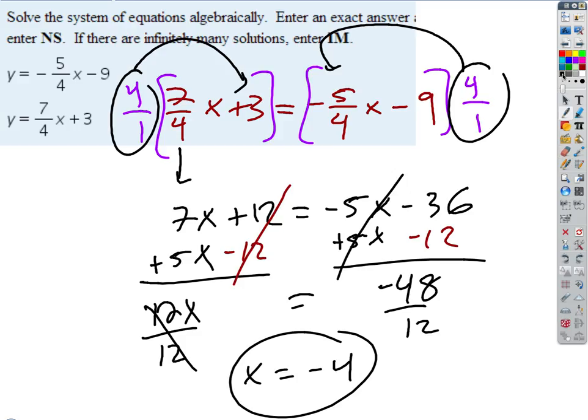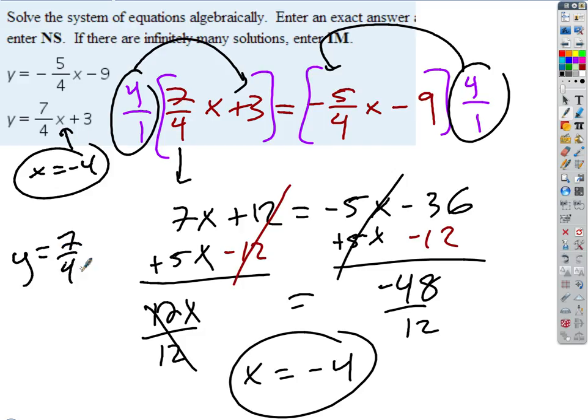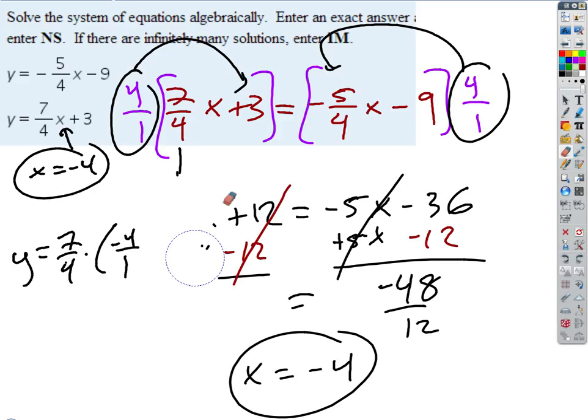So if I plug negative 4 into, say, the bottom equation, that's easy, right? I just get y equals 7/4 times negative 4/1, plus 3.